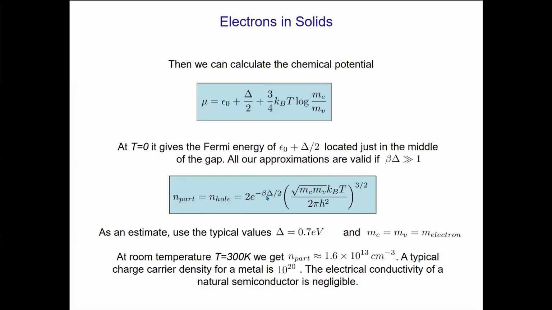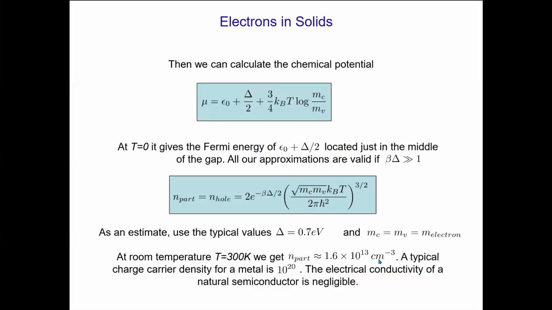And this is the answer basically for density of particles or holes in the semiconductor. For example, if you take a typical value of the gap 0.7 electron volt and mass to be the mass of the electrons, we see that at room temperature we get the number of particles approximately 10 to the 13th per cubic centimeter.